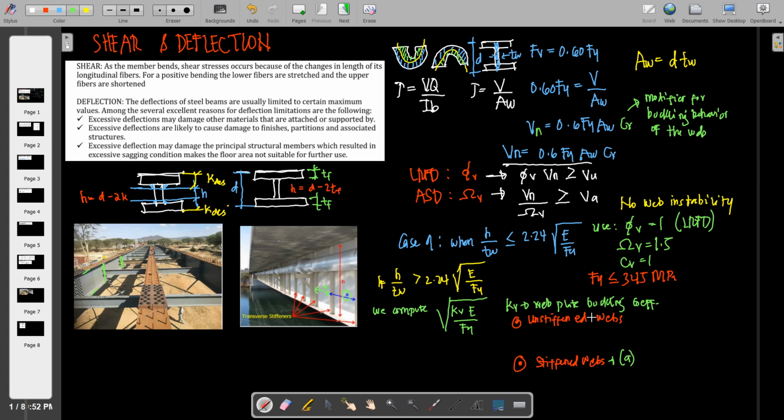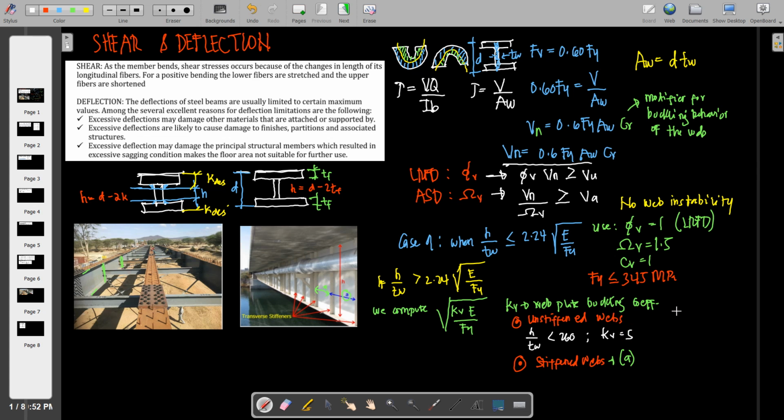Now, for unstiffened webs, we will check the ratio again, this one, H to that of the web thickness. If it is less than 260, we'll just have to take the value of KV equal to 5, for all flange sections.